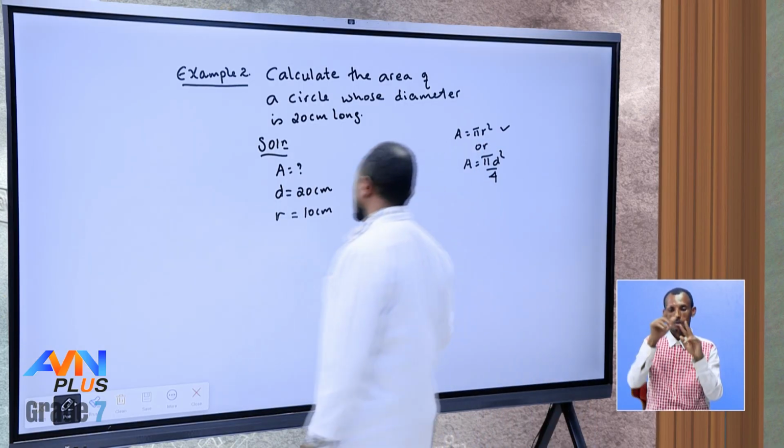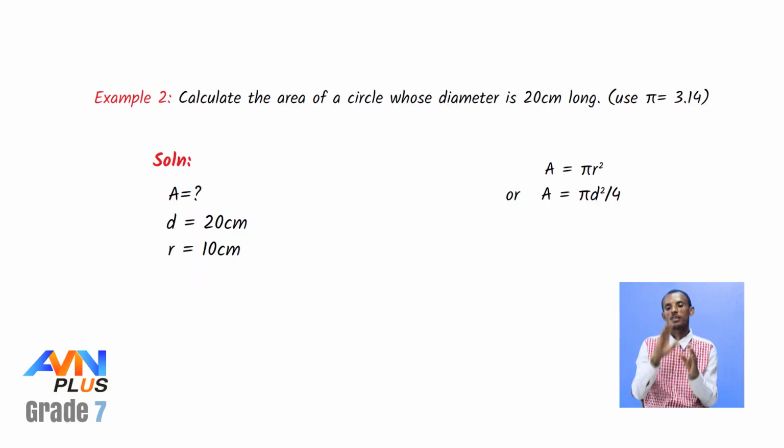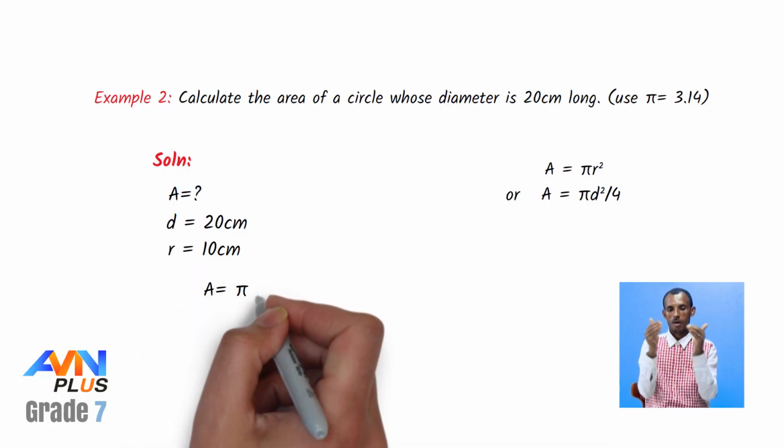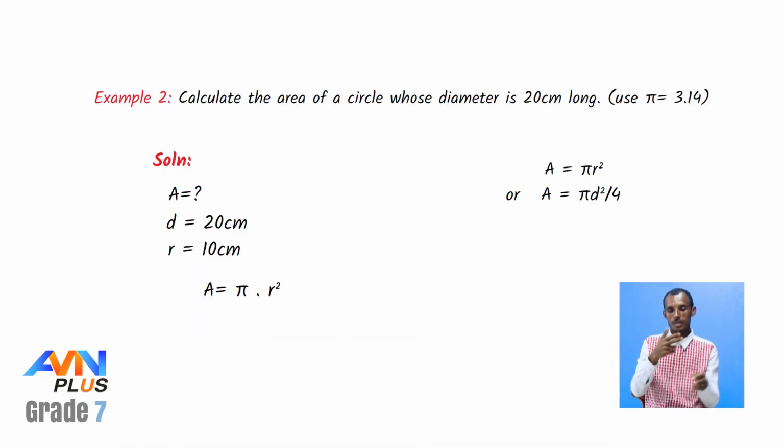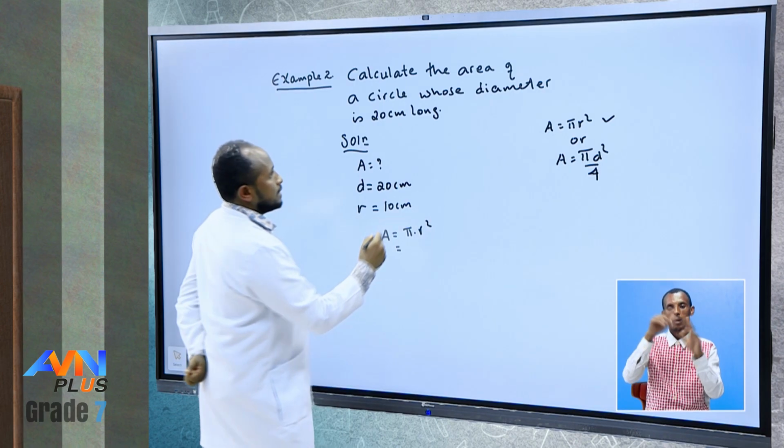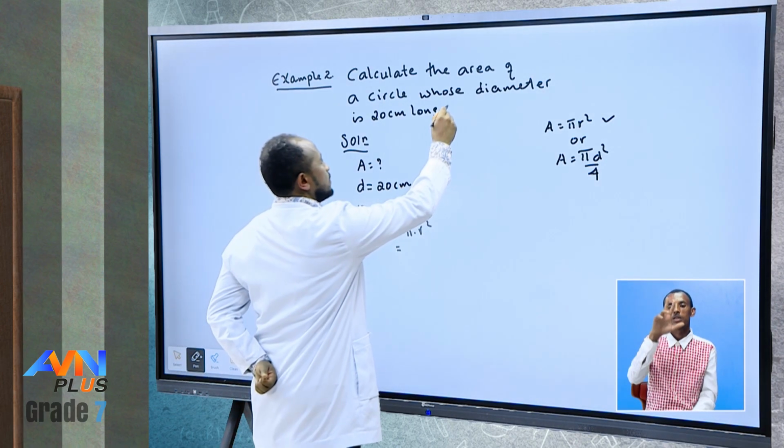So let's calculate this. Area is equal to pi times radius squared. Let's take pi to be 3.14.